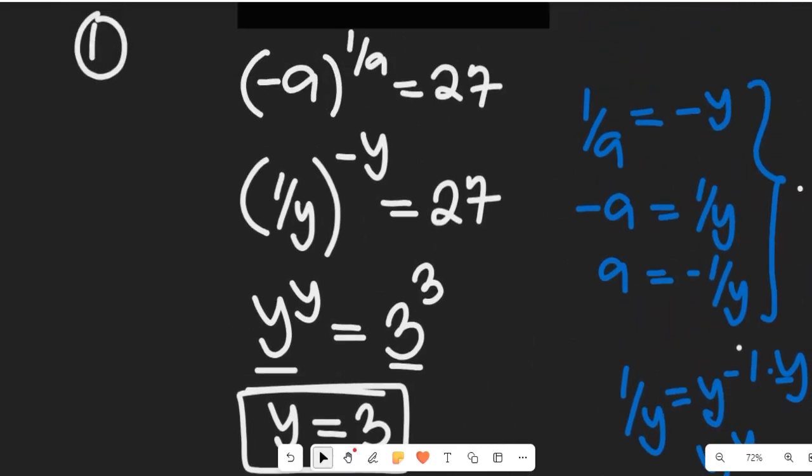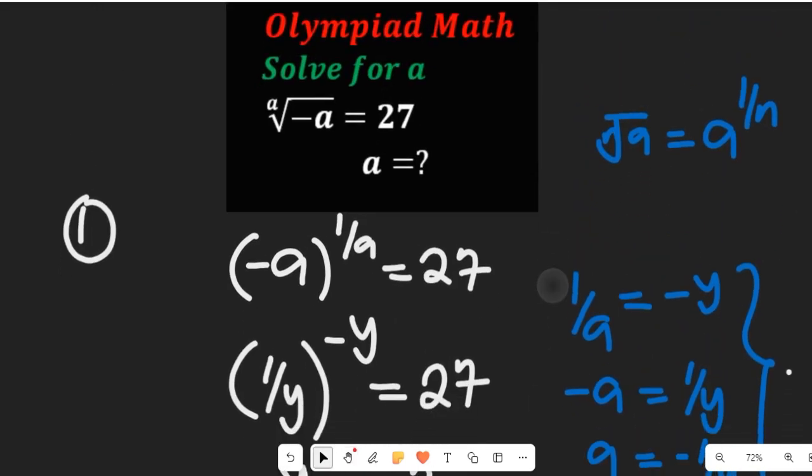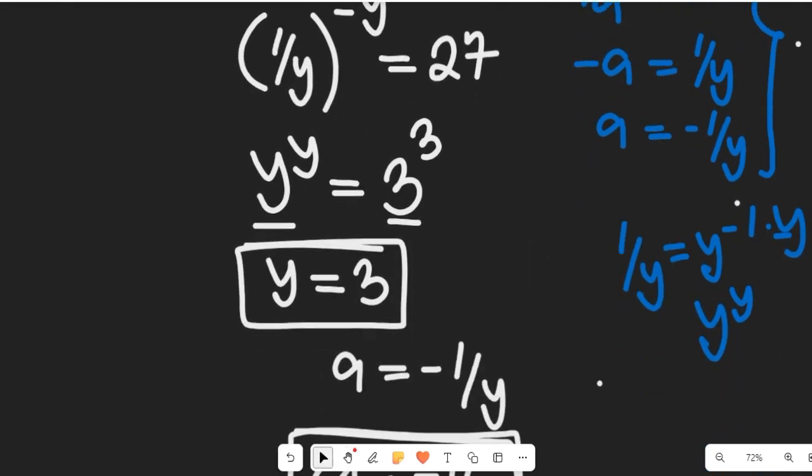Great. Now this is the solution to method 1, which is the shortest method you can ever think of in solving this question. Now let's look at another method.